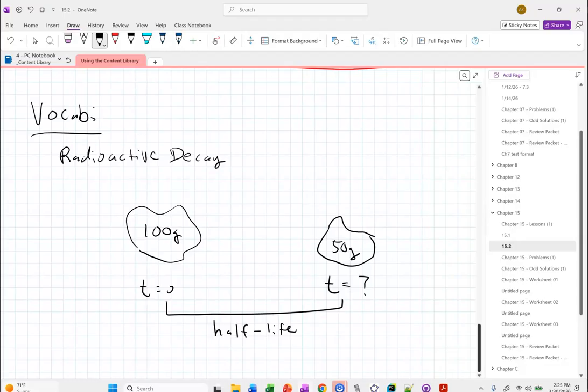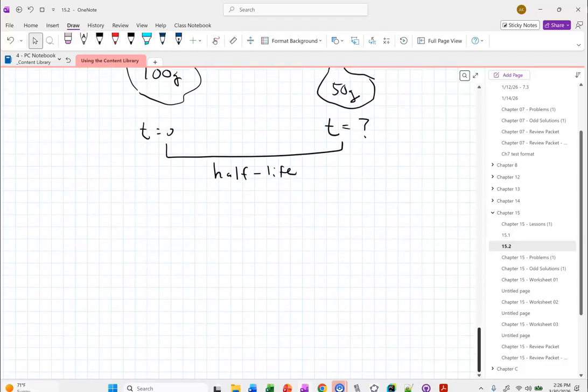Okay? The problem is there's an upper bound to this, because eventually so much carbon-14 has decayed that it's no longer measurable. So there's a time limit; you can't date things that are millions of years old, because there's just no carbon-14 left. It's all decayed away.